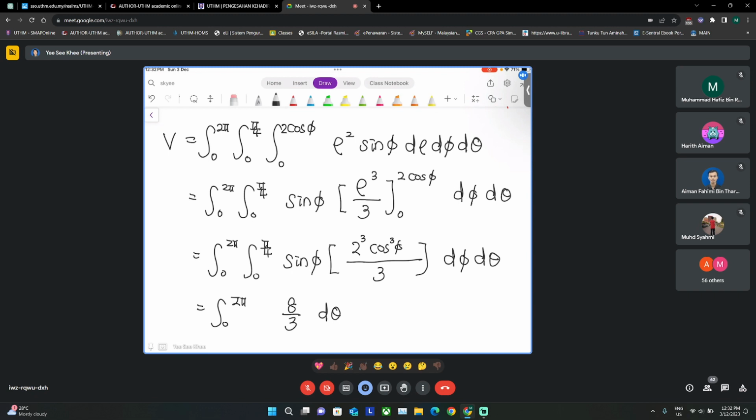Sin x multiply cos x power 3, from 0 to pi over 4, multiply 8/3. Oh yeah, I got this one wrong. Times 1/2. Okay, so we get pi.